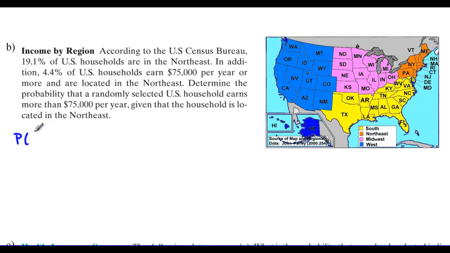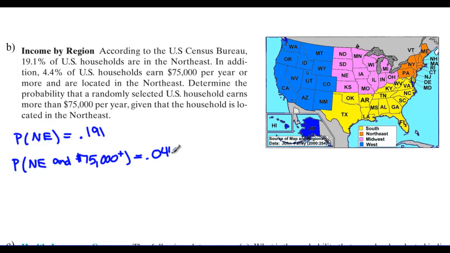So the probability of picking somebody and them being in the Northeast is going to be 0.191. And then it goes further and says that 4.4% of U.S. households earn $75,000 per year or more and are located in the Northeast. So the probability of picking somebody that's in the Northeast and makes at least $75,000 is going to be this 0.044.